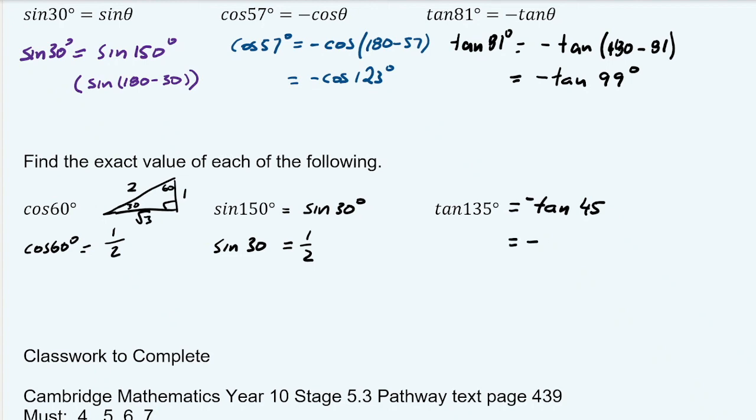But if we use our other triangle, which is our 45-degree triangle, we just have our 1 over 1. We don't really need the minus tan in there anymore. So it's going to be minus 1 over 1, which is just minus 1.